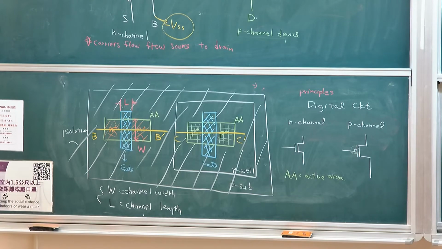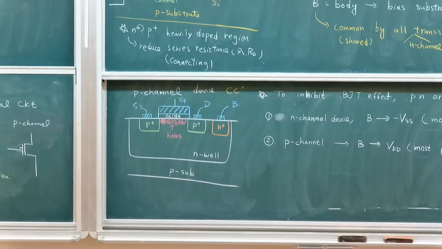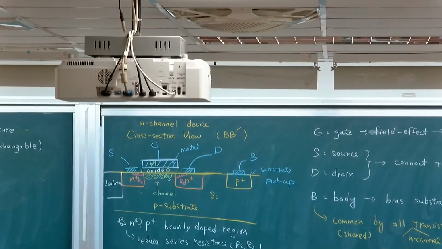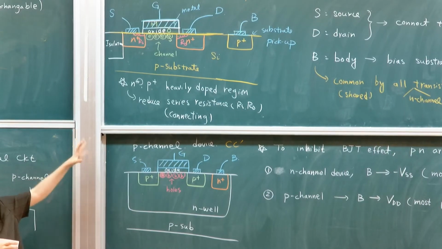This is the CC'. So this is the top view of the device. When you cut it, you see the corresponding cross-sectional views for the N channel and P channel. Okay?